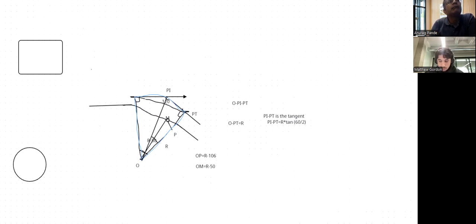Well, you could use the value of PI to PT to find the value of M to P, because we're given that distance from the monument, and this is the 90-degree angle. Yeah, exactly, that's exactly what you're going to do.